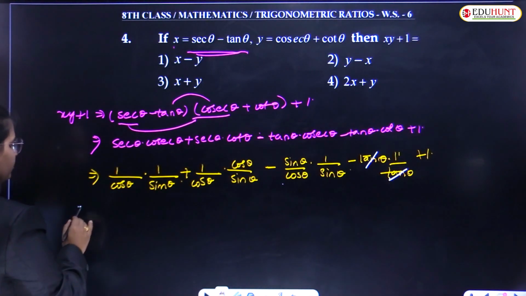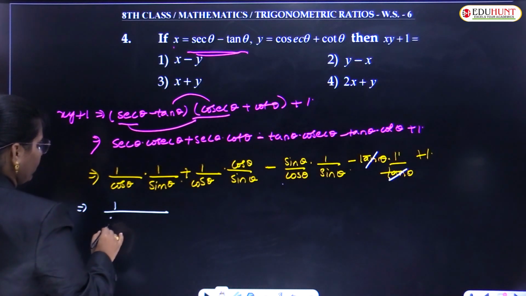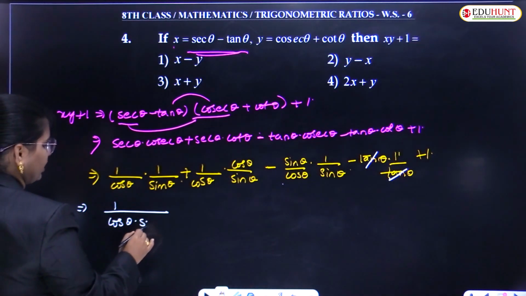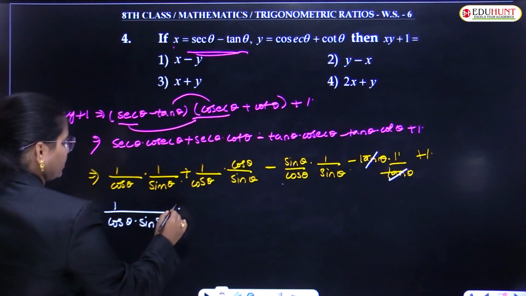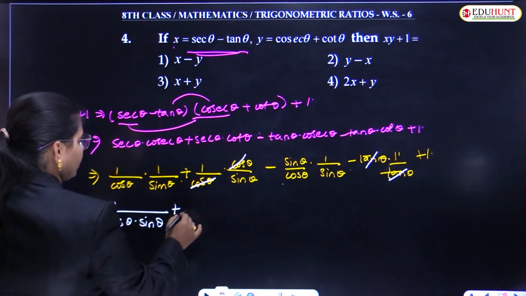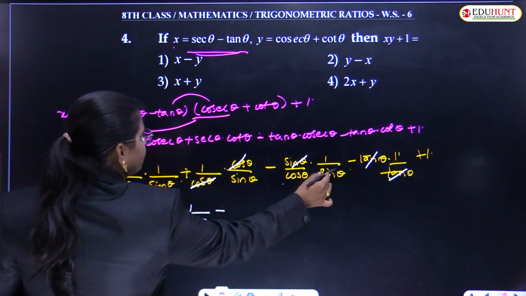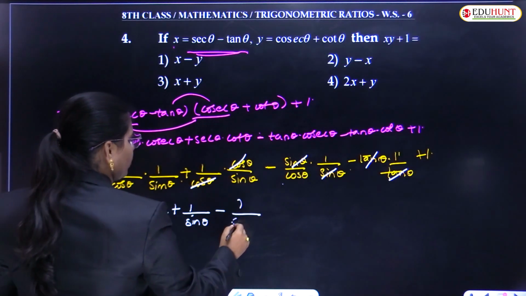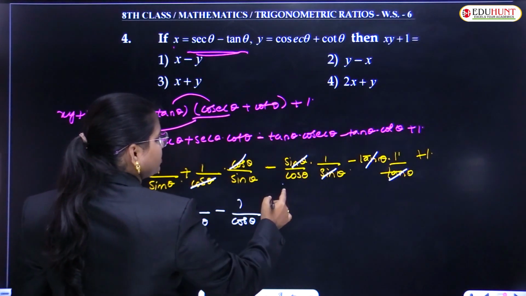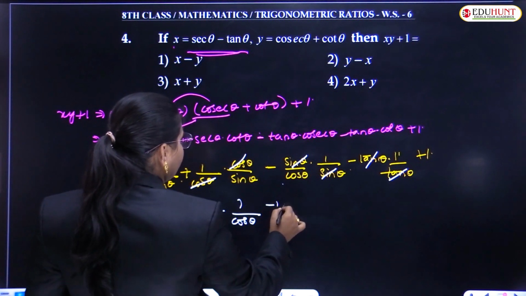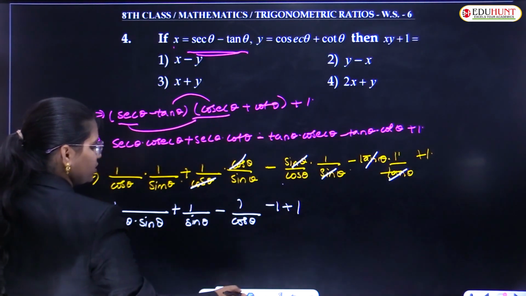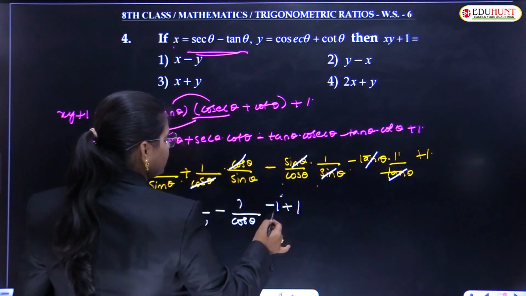You will be left over with 1 by cos theta into sin theta, correct? Plus cos theta will get cancelled. It will be 1 by sin theta, minus sin theta will get cancelled. It is 1 by cos theta. And this is minus 1 plus 1, these both will also get cancelled. So what is this?